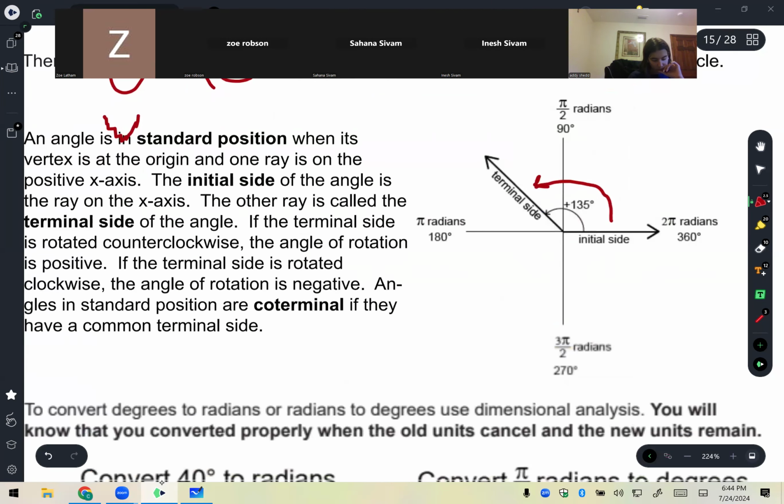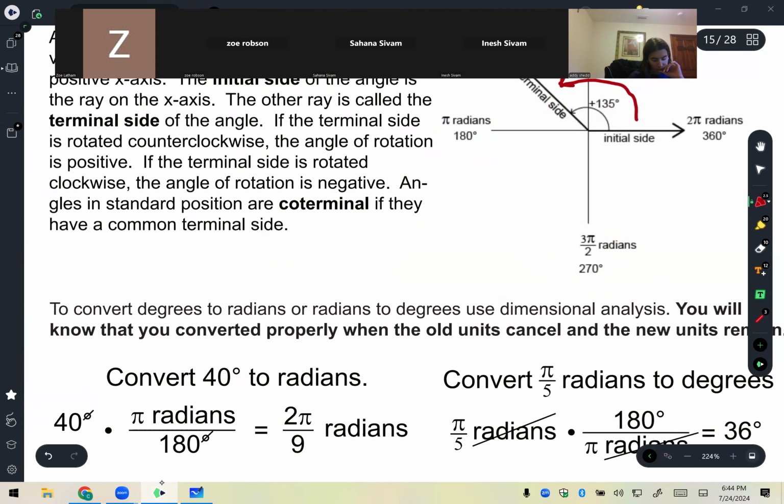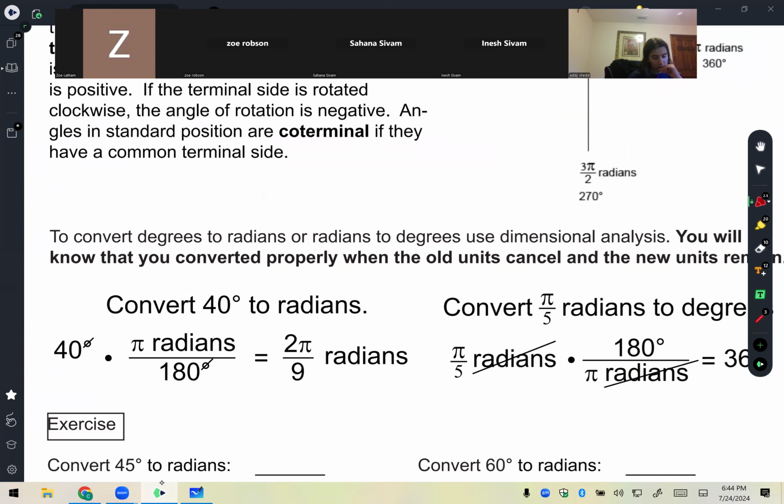And they're coterminal. So anyway, how I do this is I put the degrees on the top, and then I do a dimensional analysis where 180 is pi. And if you have another system that you're comfortable with, don't go with mine. And also all of these, if you really know your unit circle, you just know what these are. But these are all pretty common divisions.